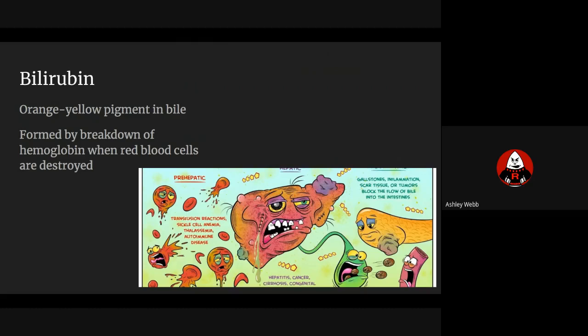But we hear about it most often with babies. So their red blood cells are being destroyed, hemoglobin's being broken down, and that yellow pigment, that yellow bile, just kind of builds up. And that's what produces that kind of yellowish tint in our eyes, our skin, when we are jaundiced.